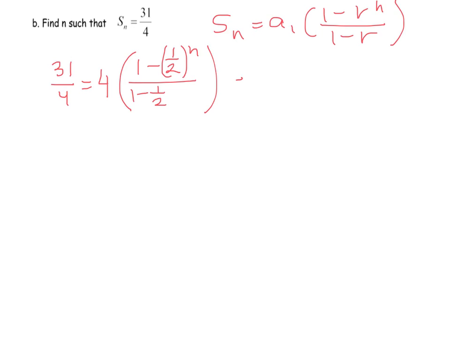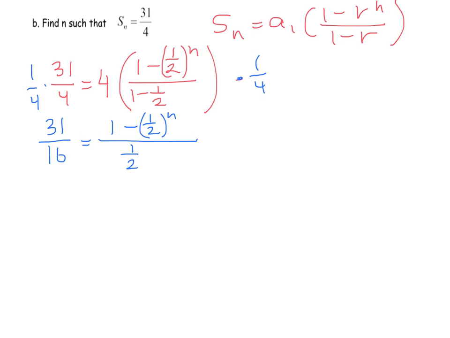Now I'm going to start simplifying. First I'm going to divide both sides by 4, or multiply by 1/4. This gives me 31 over 16 equals, I have a 1/2 in the denominator and 1 minus 1/2 to the nth power in the numerator.